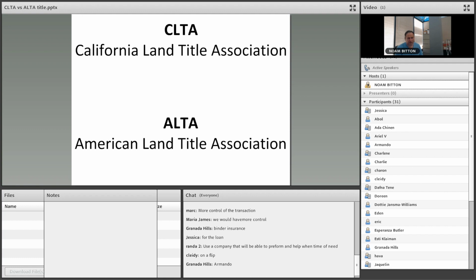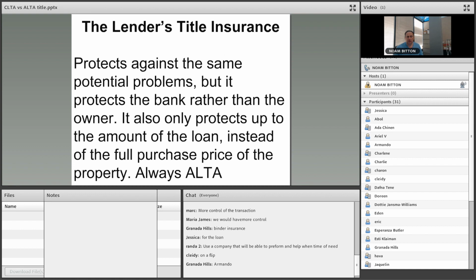are homeowners insurance, but in many cases, every time we take a loan, there is also the lender title insurance.